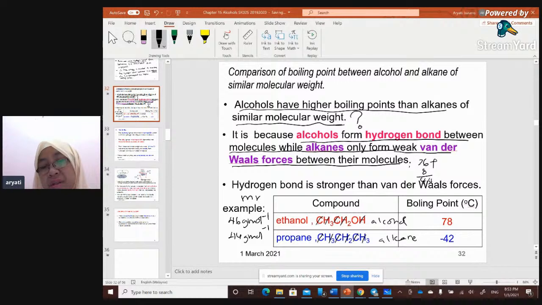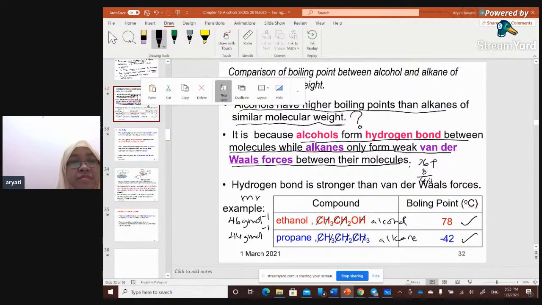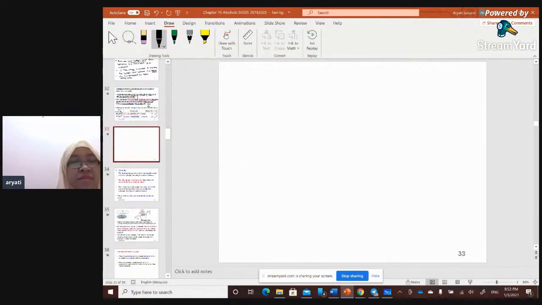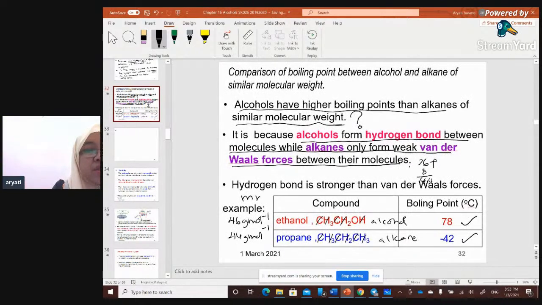From the experiment, we found that ethanol, the boiling point is 78, which is higher than propane. The boiling point is negative 42. Okay, so why? So kat sini kita bagi compound dia bagi ethanol.